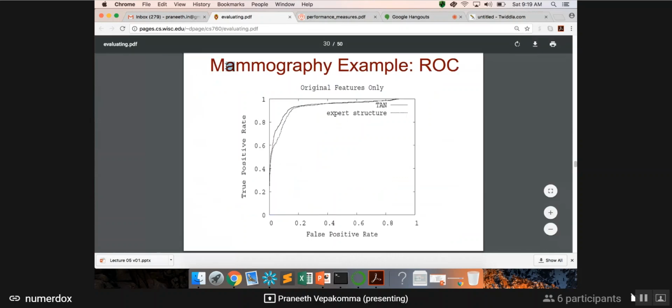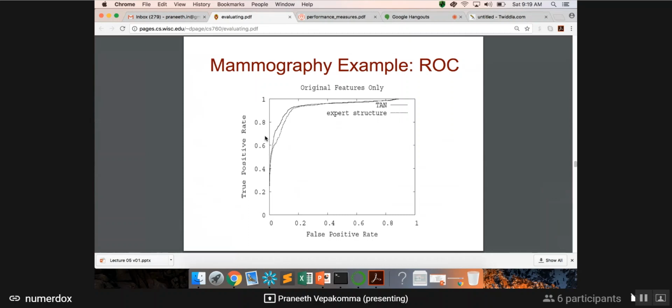This is again an ROC curve, for mammography, where you're trying to do a mammography test and run a model to classify, looking at the medical images, whether it is breast cancer or no breast cancer, right? So ideally, you don't want to miss a cancer, calling a woman who has cancer as not having cancer. That's a false negative decision that has a grave consequence, because it could have been in an earlier stage where you could have given the treatment and the woman would have perfectly survived and been healthy in the future.